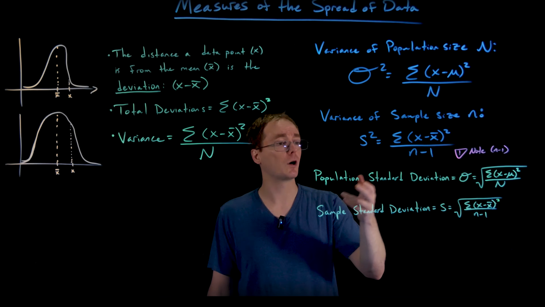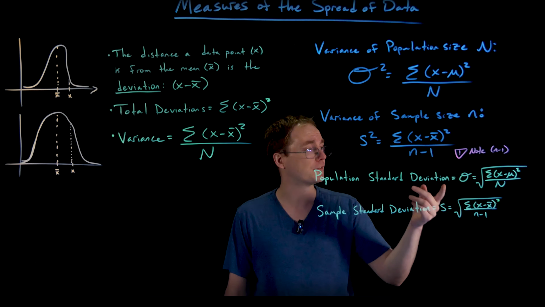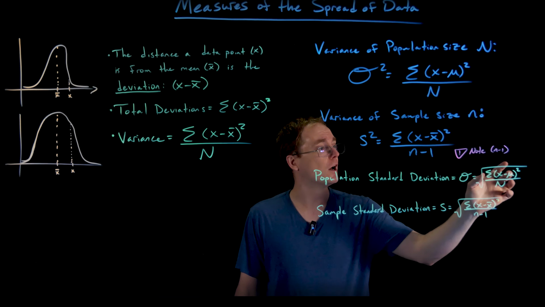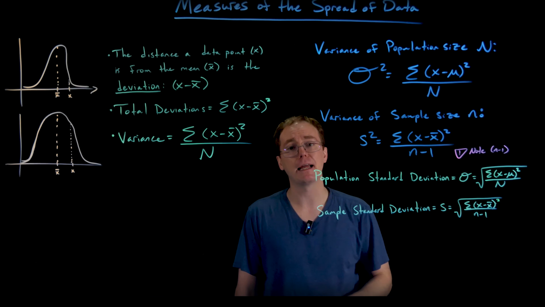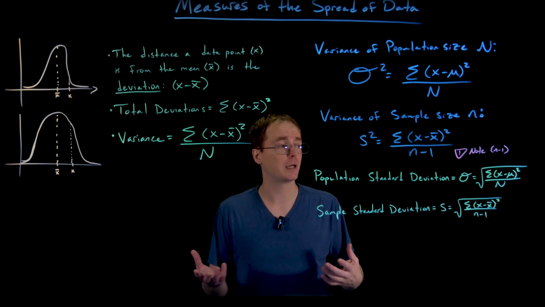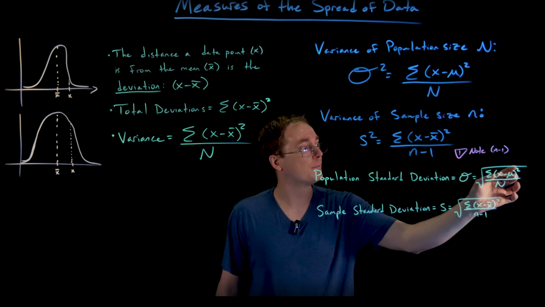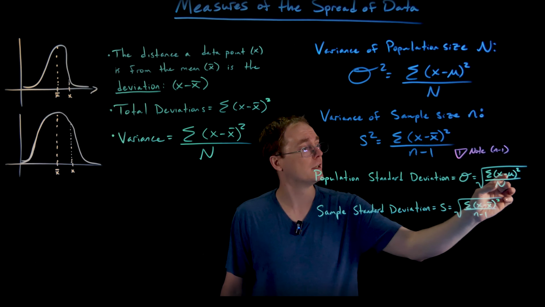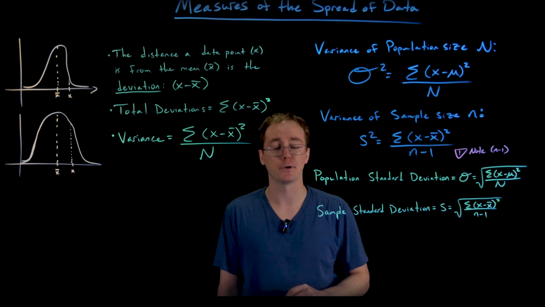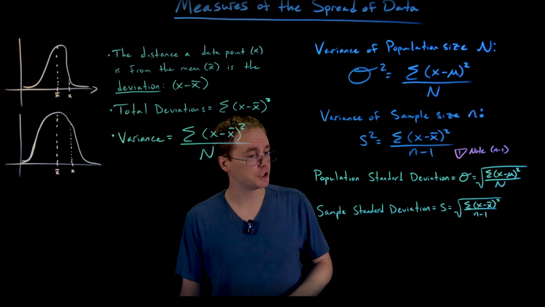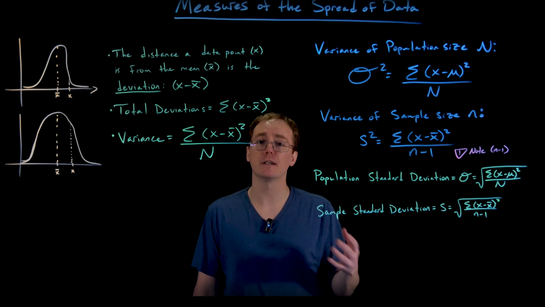And so sigma, or our population standard deviation, is found by taking the square root of the sum of the squares of x minus mu divided by n. Or another way to phrase that more conceptually, we take the sum of the squares of the deviations, divide that by the population size, and then take the square root of that number.